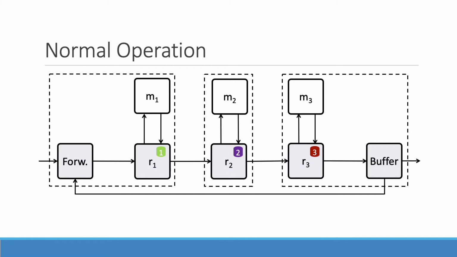FTC components communicate as shown. When a packet arrives, the forwarder piggybacks the state changes of the middlebox entry with the packet and forwards this packet.